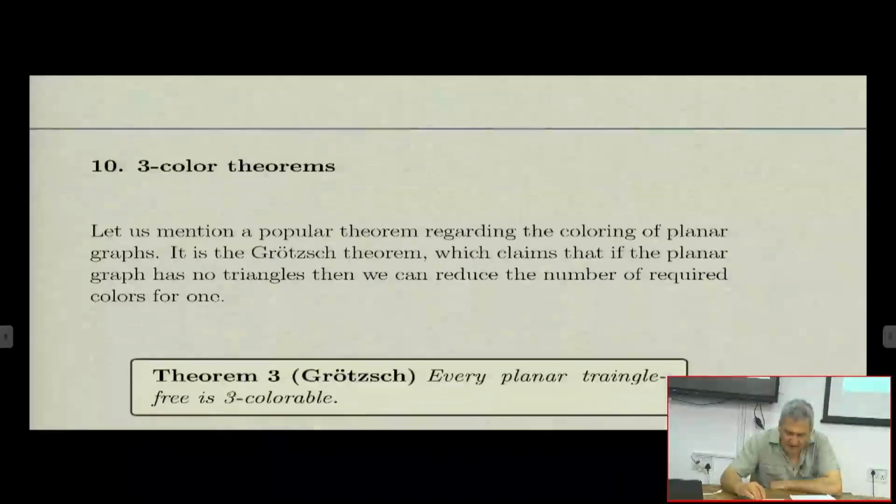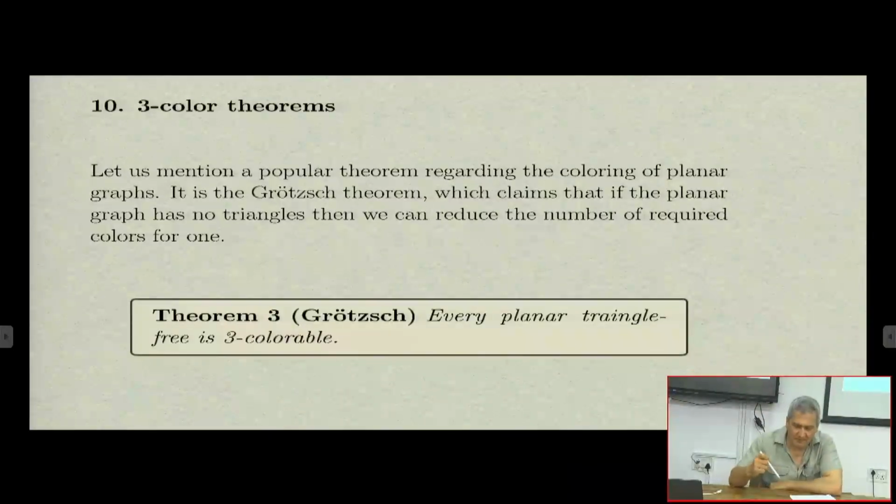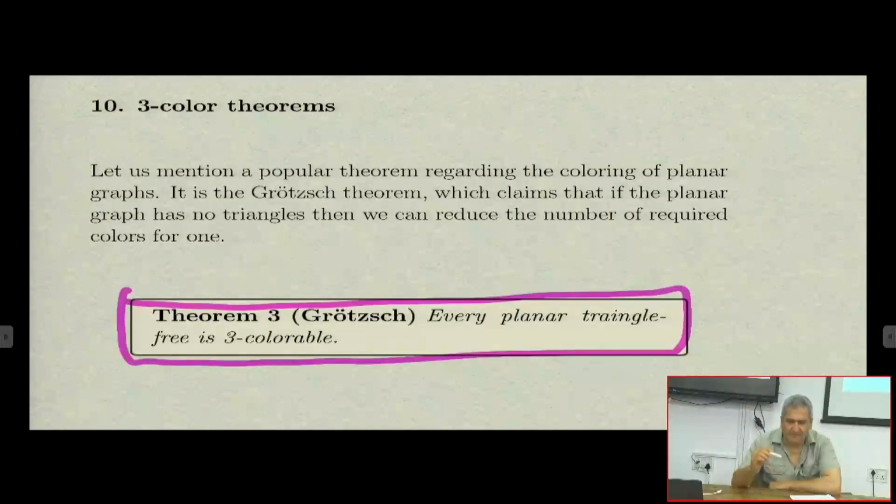I didn't state Grötzsch's theorem. So this is Grötzsch's theorem. Every planar graph without triangles, so triangle-free, is 3-colorable.